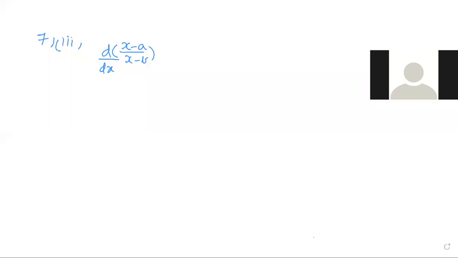Now I am doing the u by v formula. What is the u by v formula? Everyone observe.